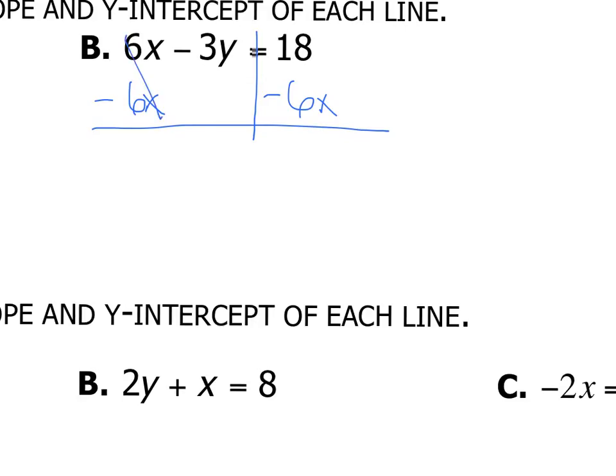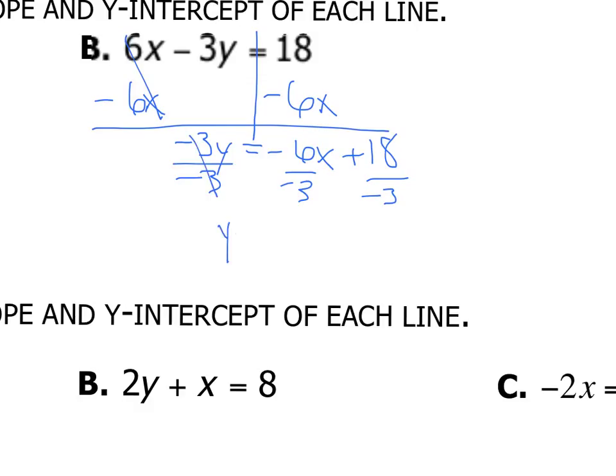Those will cancel. I'm left with -3y equals, and since these do not combine, they're not like terms, we have to leave them separate, so it's -6x and plus 18. And then finally, to get rid of the -3, we divide everything by -3.